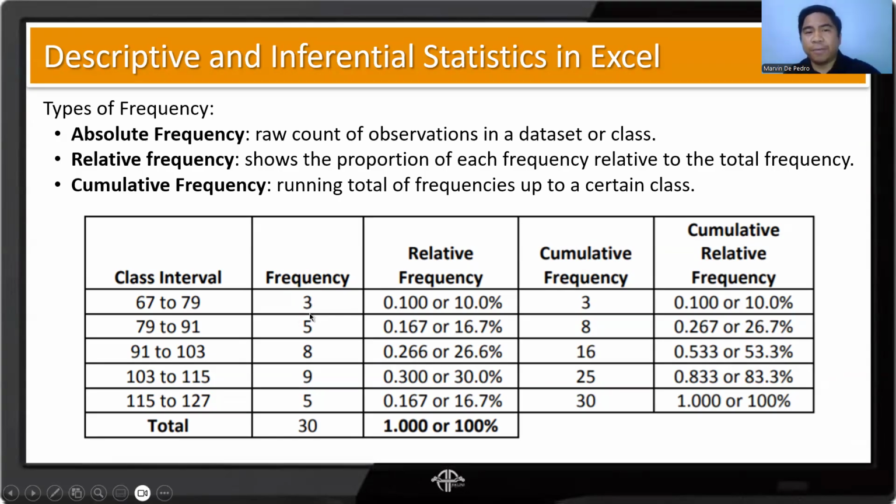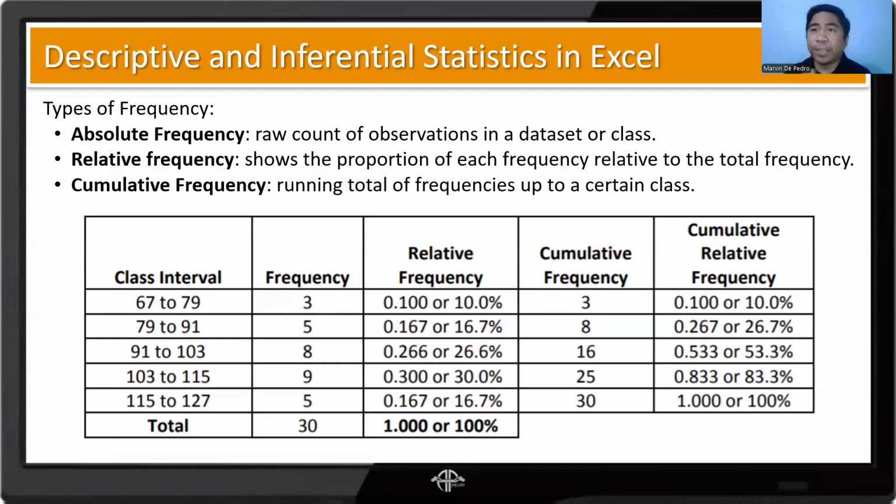Like this one, 3 over 30, that's 0.1 or 10%. 5 over 30, that's 0.167 or 16.7%, and so on. The sum of our relative frequencies should always be 100% or 1.0.